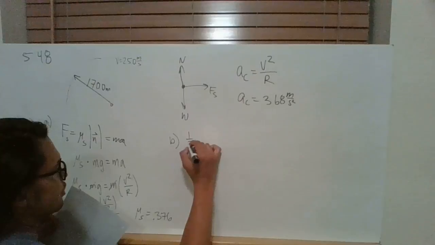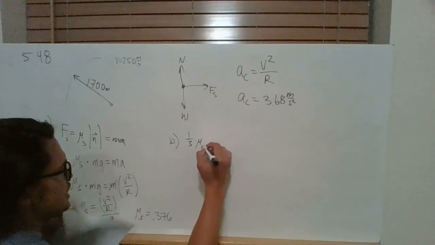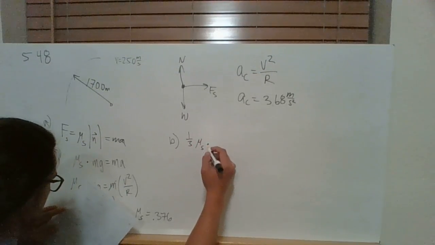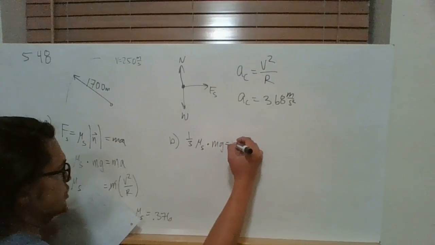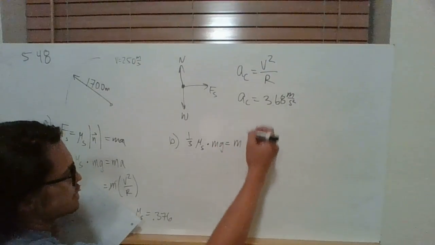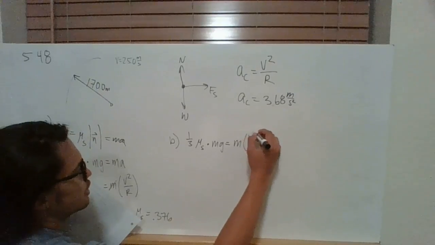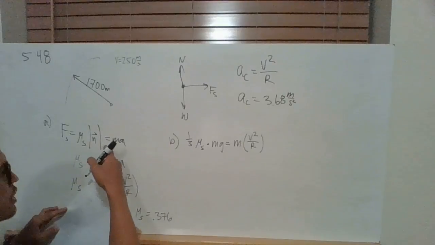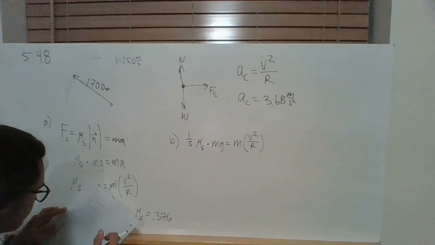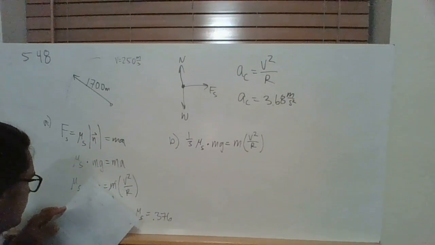So 1/3 static times mg is equal to m times acceleration, which we solve for. It's just rewriting this equation. Now you rework it again.